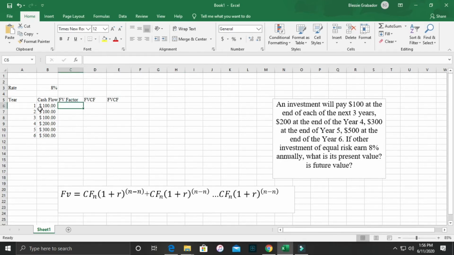So we have here the annual rate, which is again 8%, and for the year 1 we have $100, the same as the second and third year. So for the fourth year we have $200, for the fifth year we have $300, for the sixth year we have $500. So now first let us compute the factor.